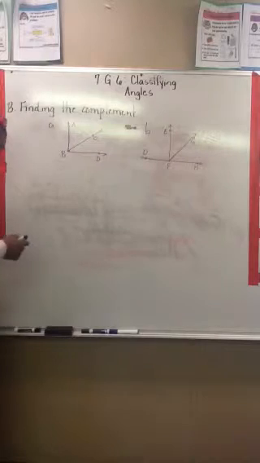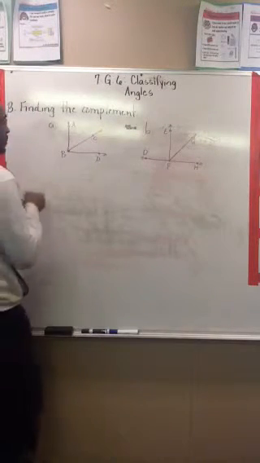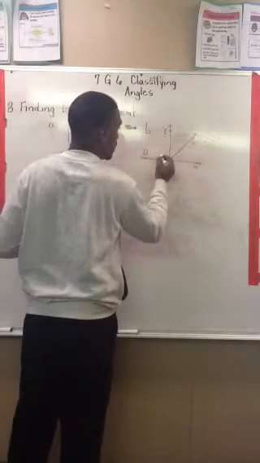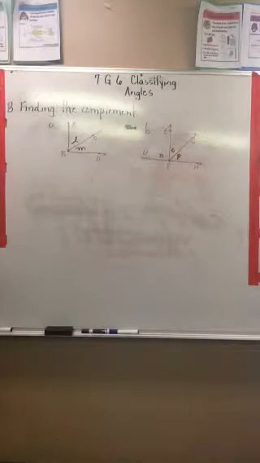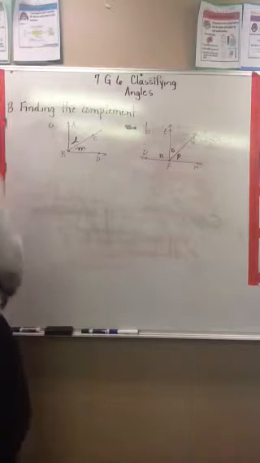Okay. Now, let's put some variables in between. Put L here, M here, N, O, P. Now, you need to first identify these angles, or what kind they are.